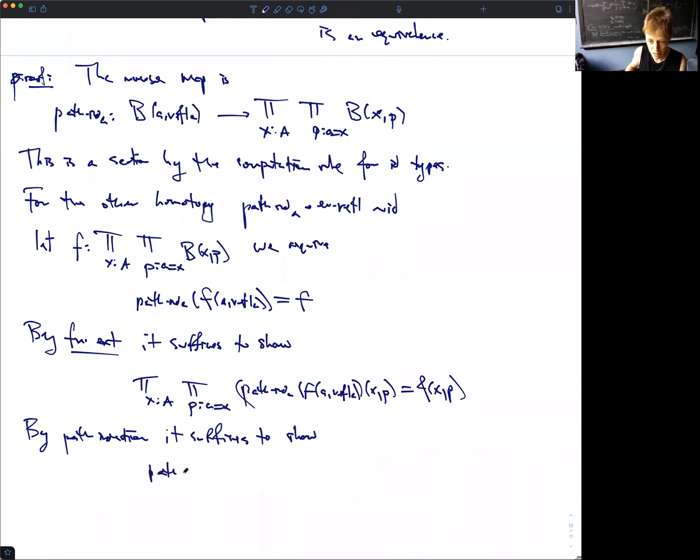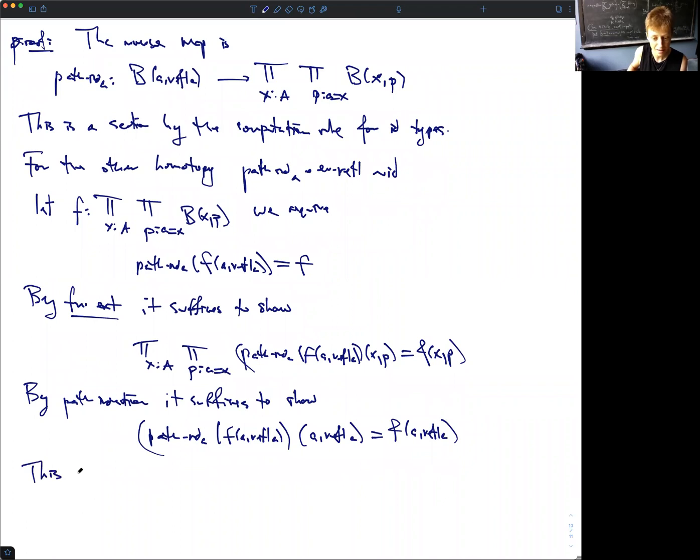So in other words, all I need to do is give an identification between path induction of F at a, refl a, that function now just evaluated at a, refl a, and I need to identify that with F a, refl a. But this holds definitionally. This holds definitionally by the computation rule for this path induction term that we've used already. Definitionally by computation rules.